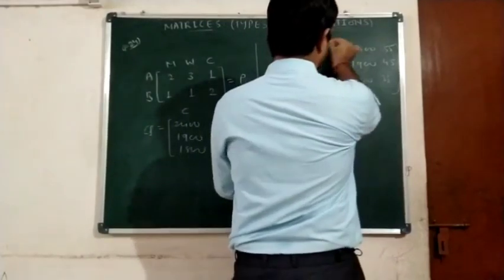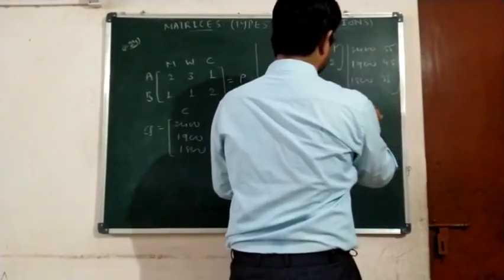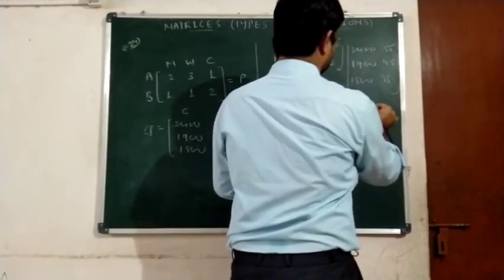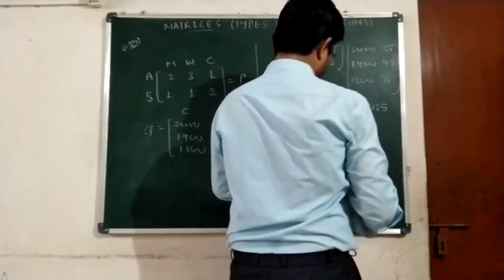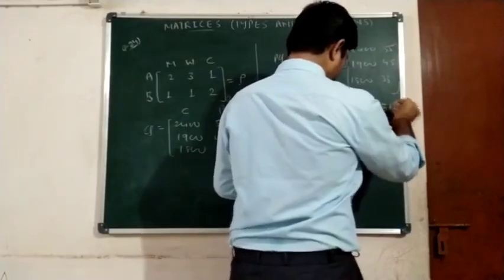Again first row with the second column, 55 twos are 110, 135 and 33 ones are 33.